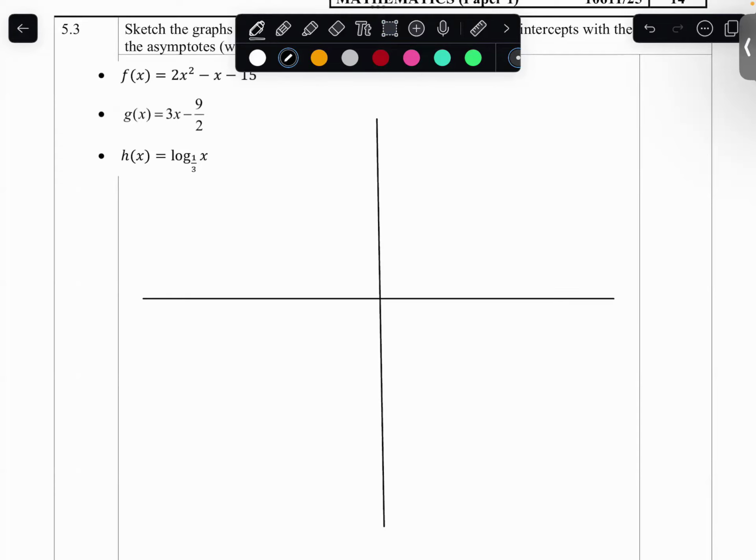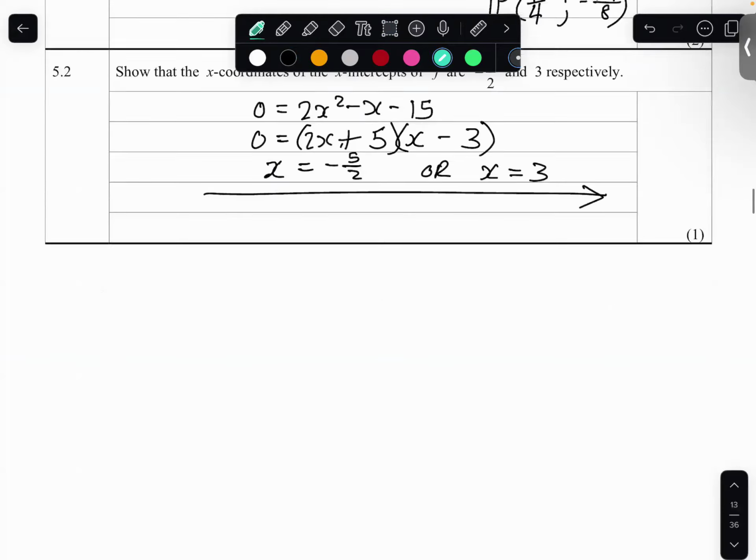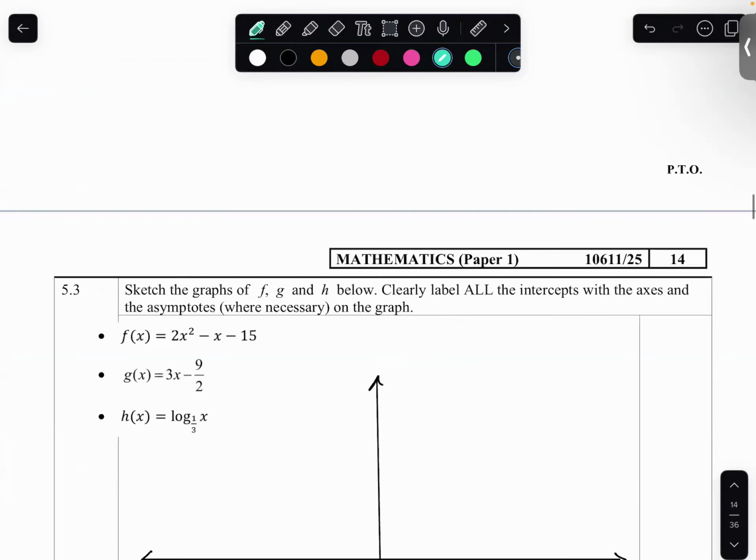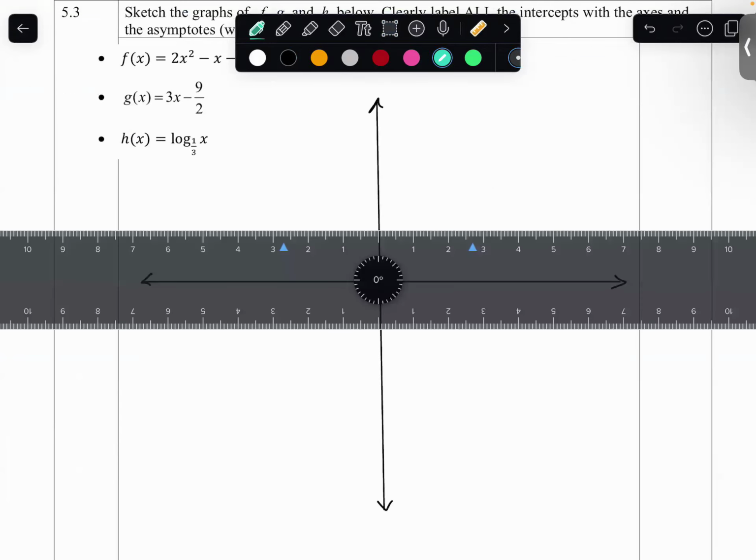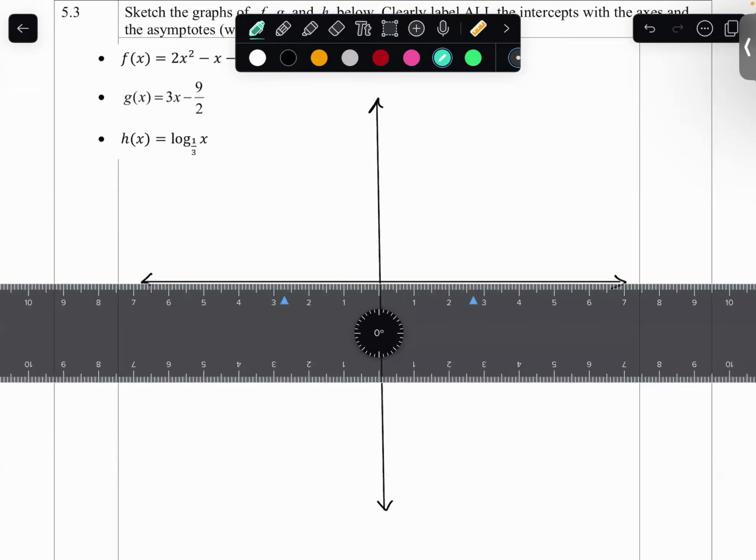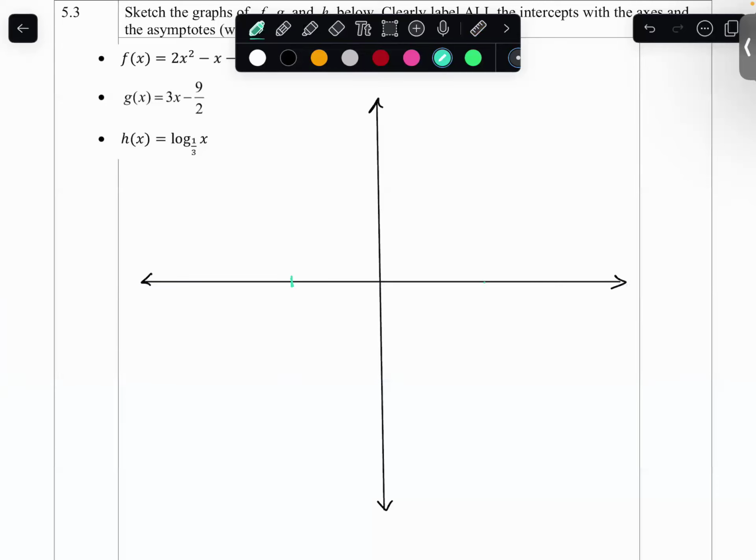All right, we're going to draw the parabola first. We're going to draw f first. With f, we said that the x-intercept is at minus 5/2, which is negative 2.5, and at 3.